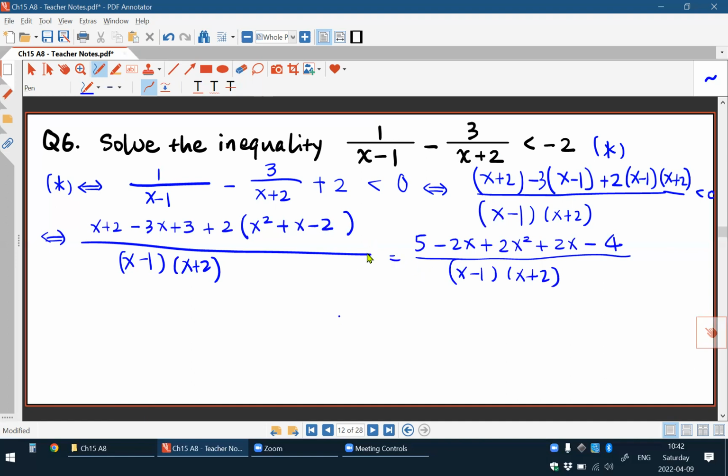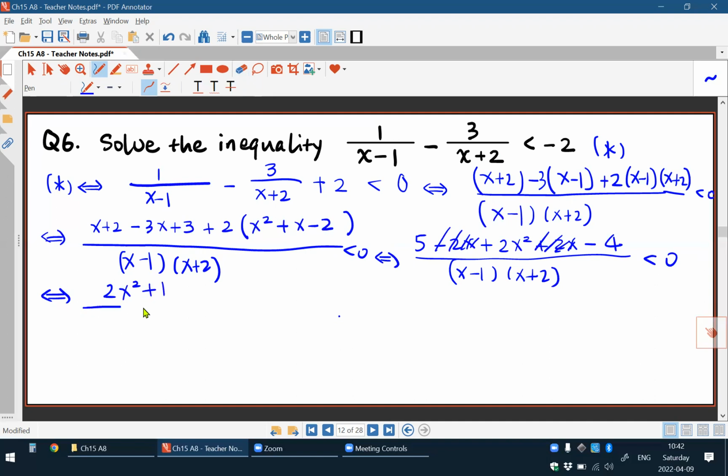Sorry, I should use an equivalence symbol here. This expression is less than 0. This is equivalent to, okay, this term cancels with this one, so 2x squared plus 1 over (x - 1)(x + 2) is less than 0.